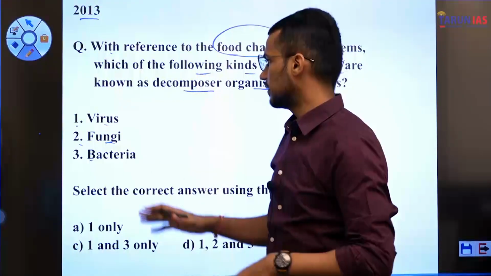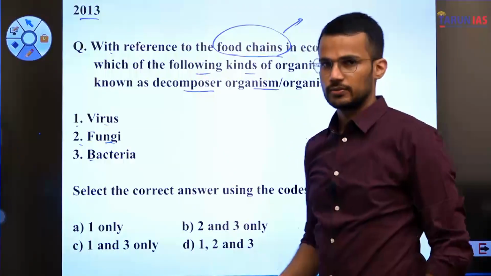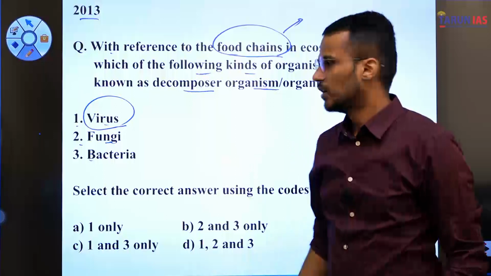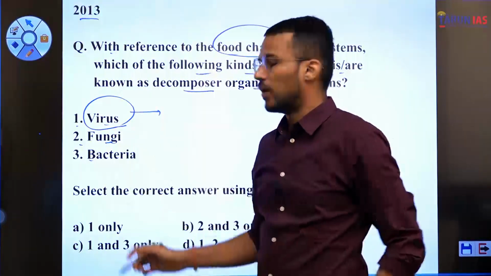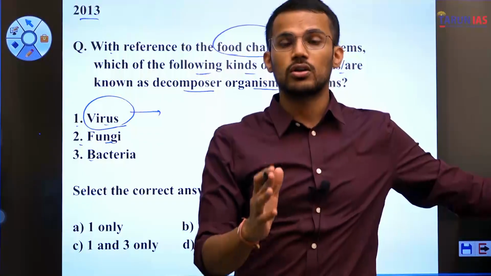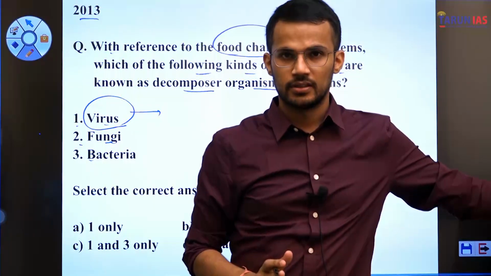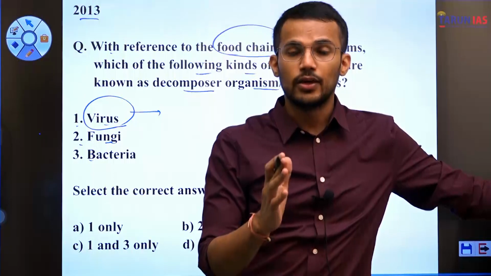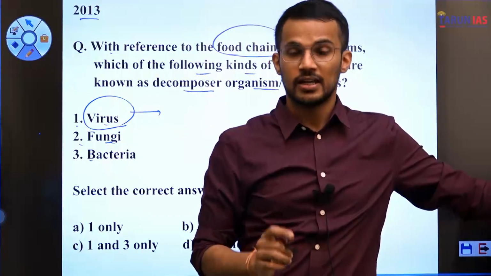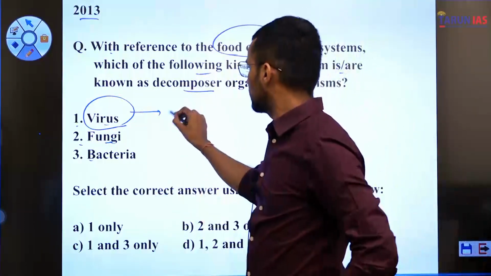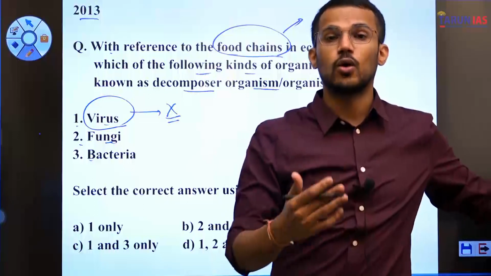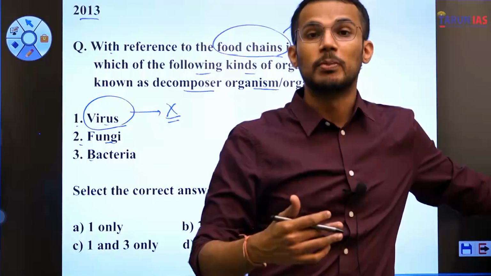Let us consider the statements given in this question. First is virus. So we know that viruses are neither living nor non-living, and they need a host body in order to carry out reproduction or to multiply themselves.